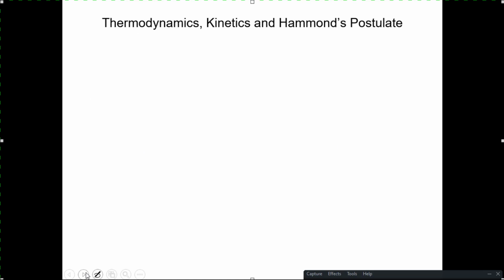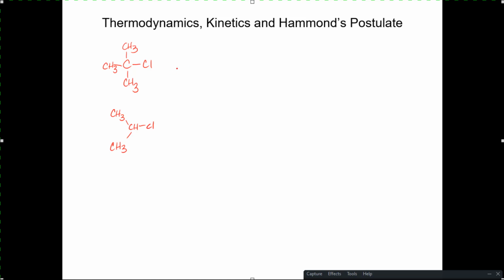Okay, so now let's talk a little bit about the relationship between thermodynamics and kinetics, and this idea of Hammond's postulate. So if I asked you, which reaction is going to occur faster, the reaction of tertiary butyl chloride or isobutyl chloride?